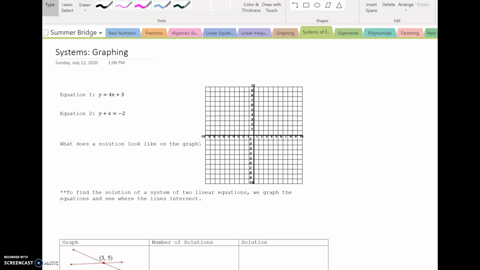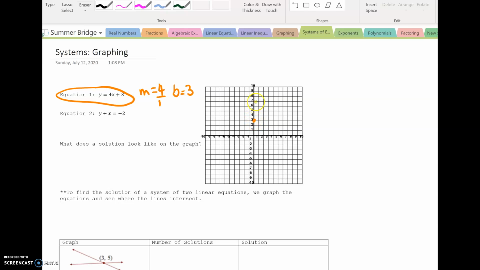Okay, so I'm going to first graph equation 1 here in orange. Notice that the equation is already in slope-intercept form, which is great for us. We just need a slope, which is 4/1, and a b, which is 3. So b is for beginning. It's where I begin my graph.